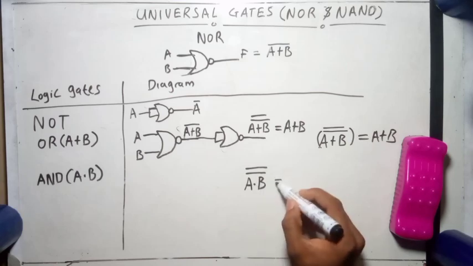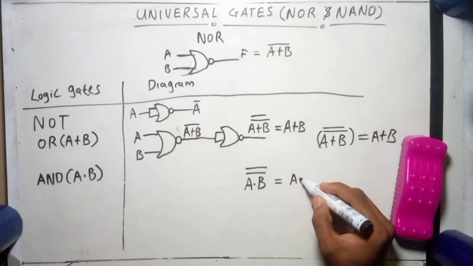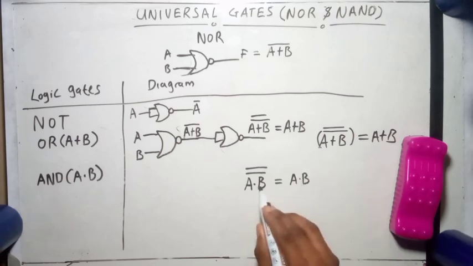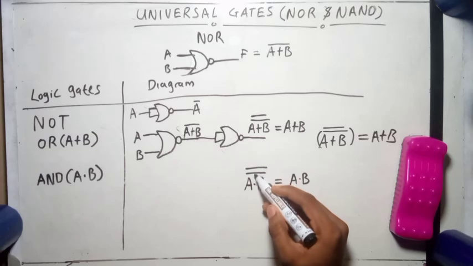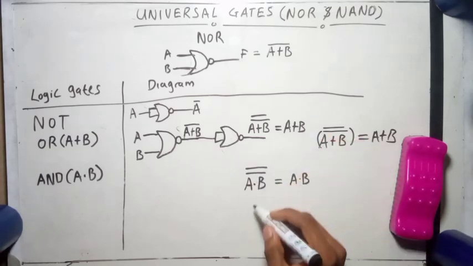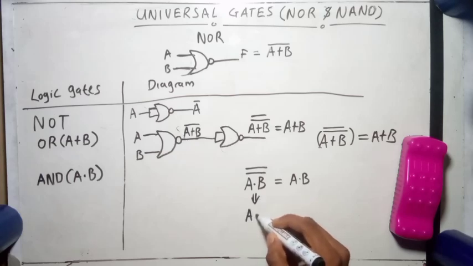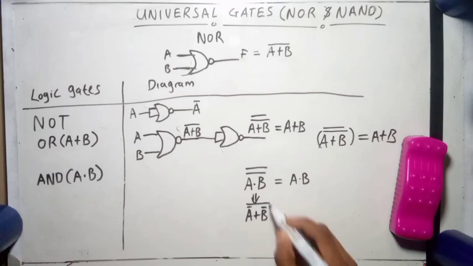Our aim is to eliminate it. And thank God for De Morgan's rule that says that for you to split the bar on top, you have to change the sign, which is what we want. So we can actually write this to be what? A bar plus B bar, or bar, or what? Bar.